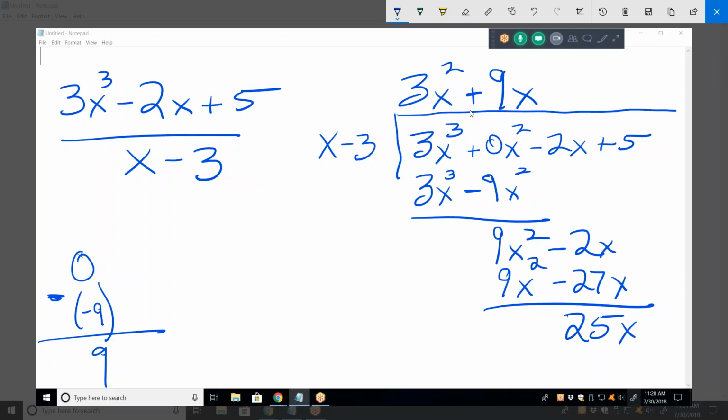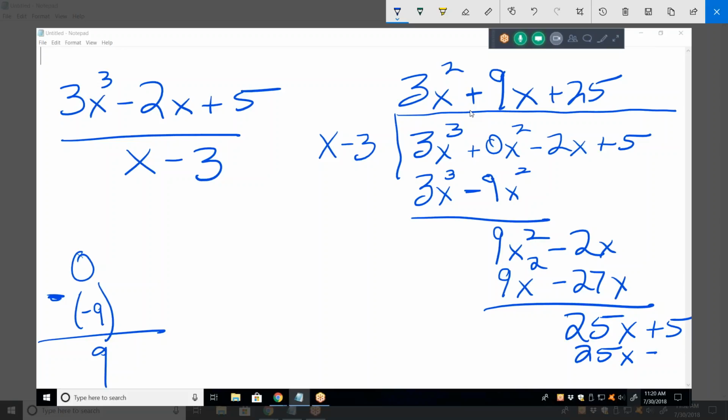Plus 5. Yeah, bring down the next term. Repeat. Plus 25x. Minus 25x. Actually, it's plus, but go ahead. Plus 25x.